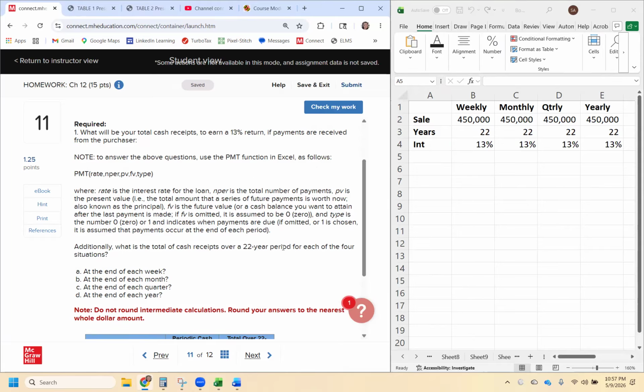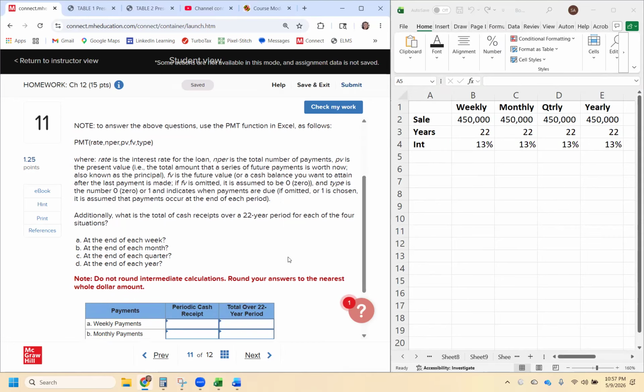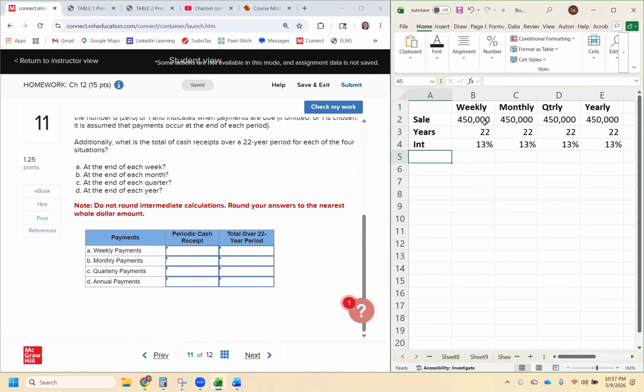What is the total cash receipts over a 22-year period for each of the 4 situations? Payment at the end of each week, month, quarter, and year. Okay, very cool. So these are the payment frequencies. So how many payments will we get if they pay us every single week?